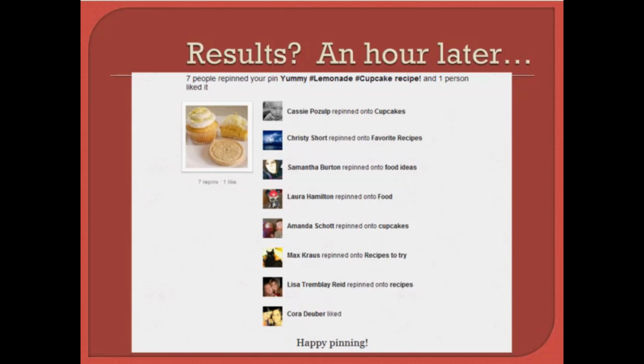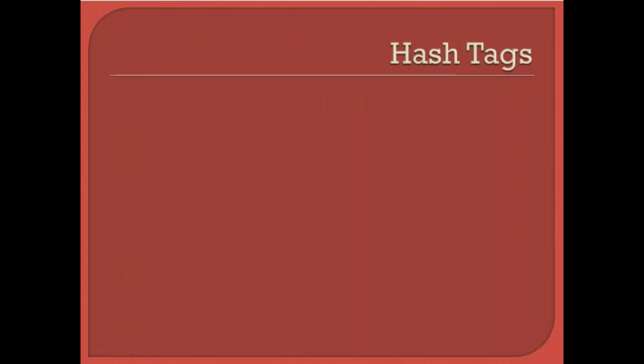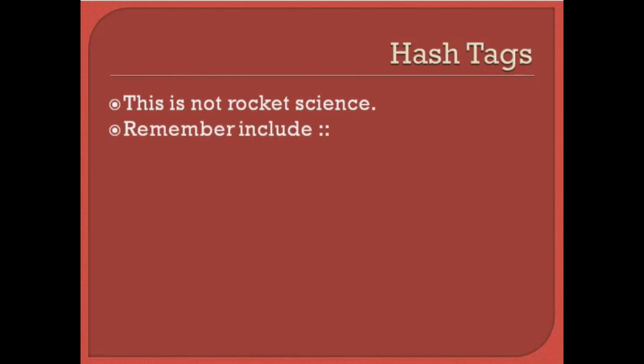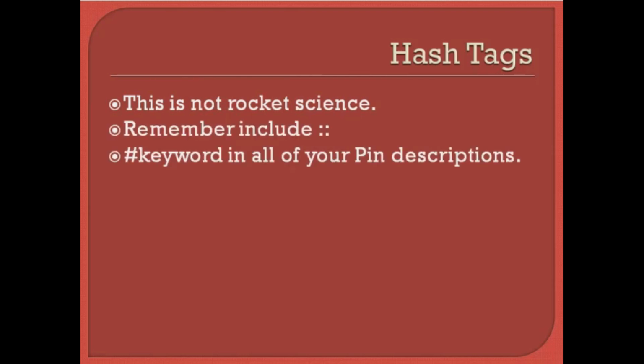It's not like I did anything. All I did was put up a pin of a picture and target it. So as you can see, it's very, very powerful to use hashtags. This is not rocket science. So remember, include a hashtag and keyword in all of your pin descriptions, even the ones that you repin.